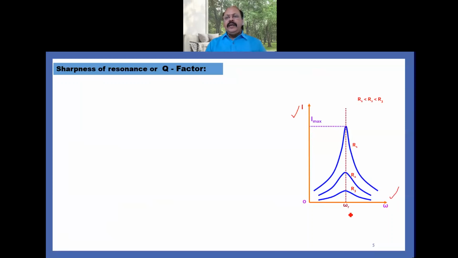At the resonant angular frequency omega r, the current is maximum. Three graphs are here, and in all three the current is maximum at the resonant frequency. Now we take two more frequencies on both sides of the resonant frequency: omega r minus delta omega on the left side of omega r, and omega r plus delta omega on the right side of omega r.